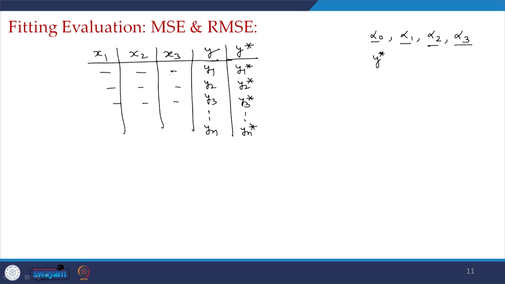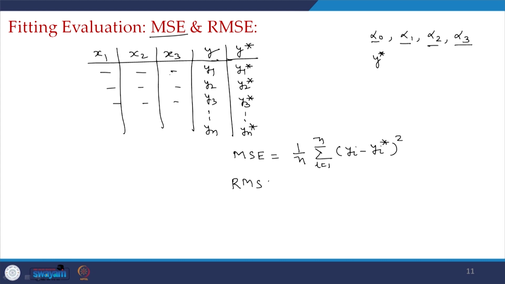Okay. Now, what is mean square error? So, mean square error is nothing but you sum the squared difference between the actual value and the computed or predicted value and take the mean of this. So, this is mean square error. So, take the average of the square of the residual error.